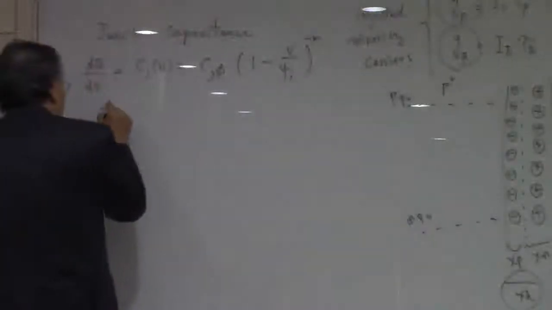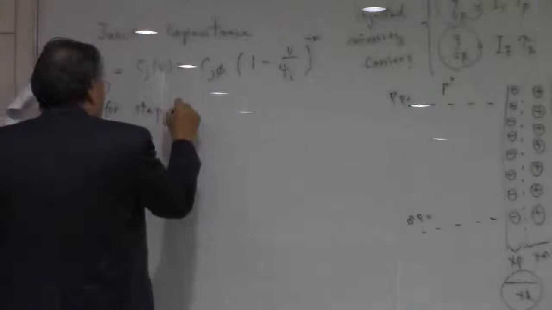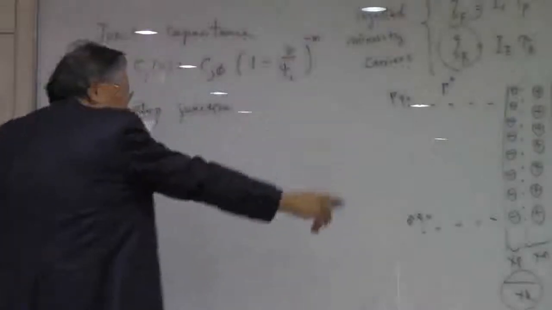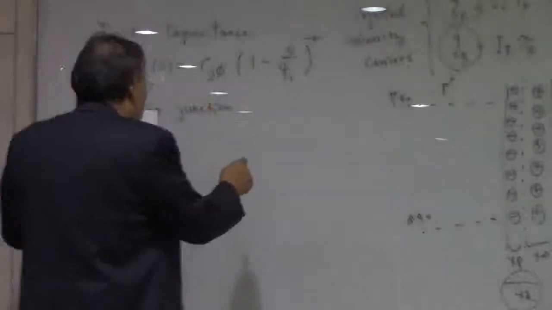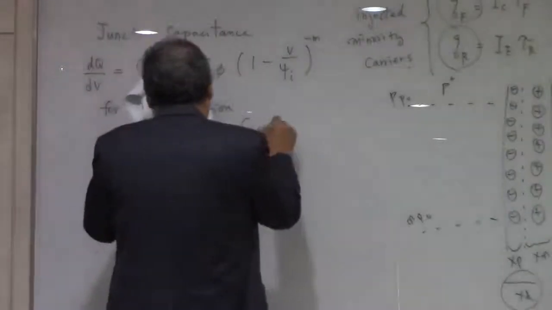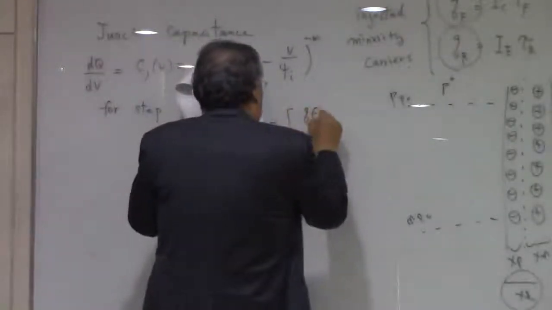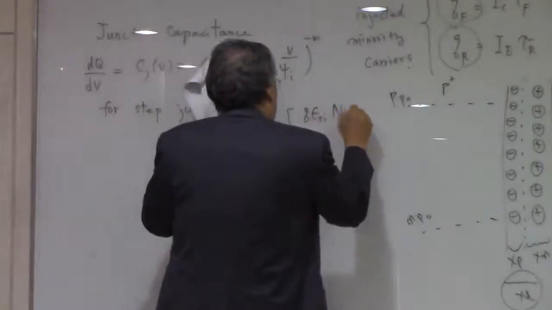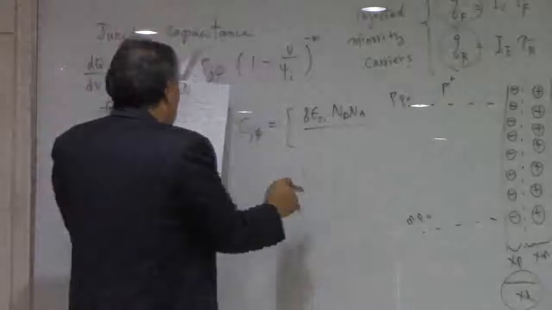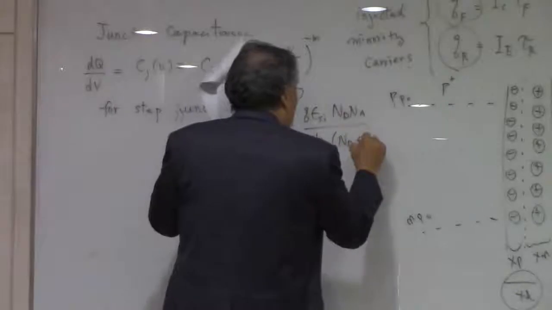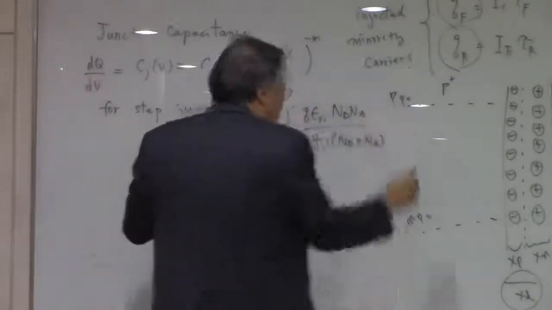And for a step junction, meaning a clear-cut junction with no graded regions of the dopants, the junction capacitance turned out to depend on ND and NA. This is what we have done for the diode analysis, ND and NA. So you can find the derivation of this in the literature.